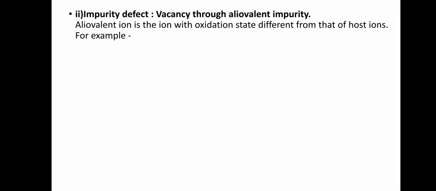Now let us see the impurity defect which is a vacancy through an aliovalent compound. As we know, there was a replacement of copper by zinc in the substitutional defect, where the oxidation state for copper was Cu+2 and for zinc was Zn+2. Now what is aliovalent? Whenever there is a replacement by an ion of a different oxidation state than the host atom, that is an aliovalent ion.